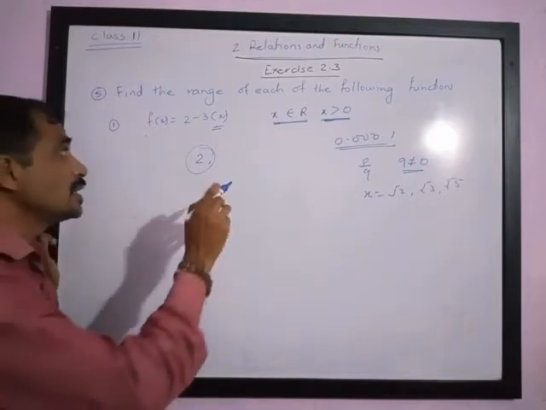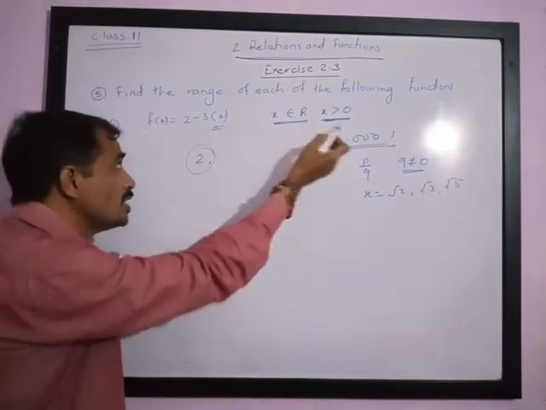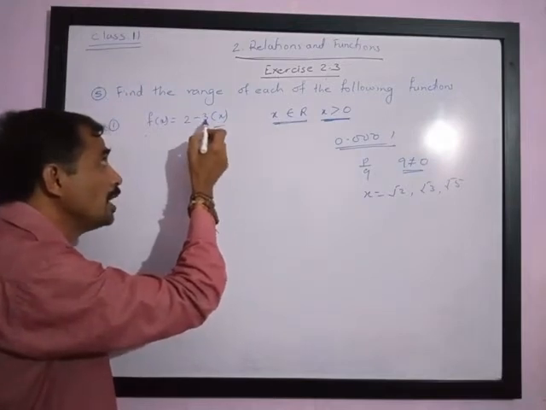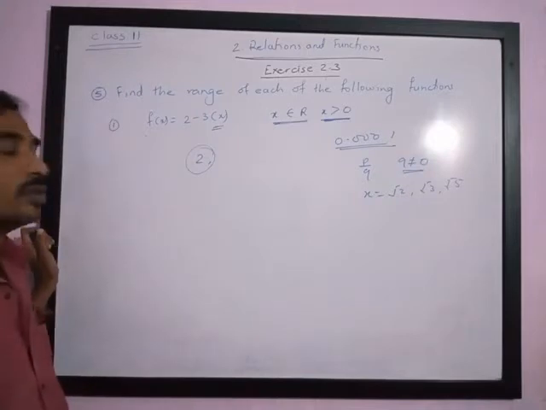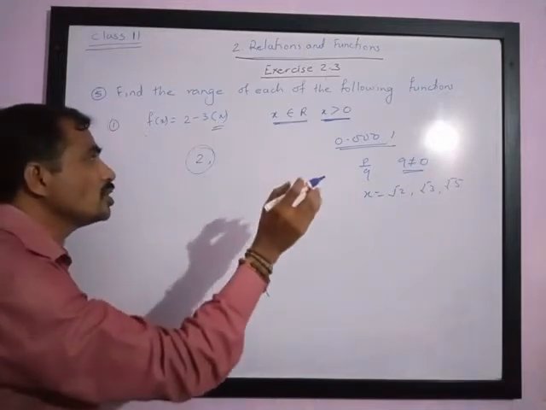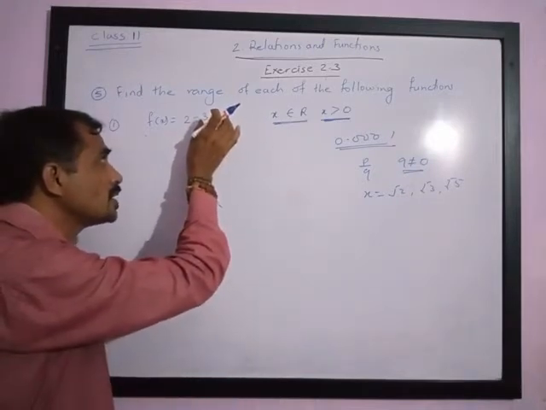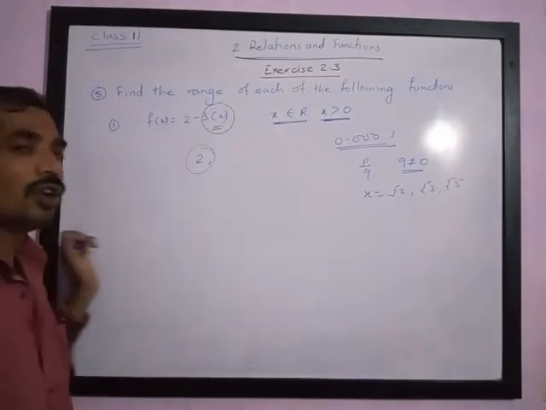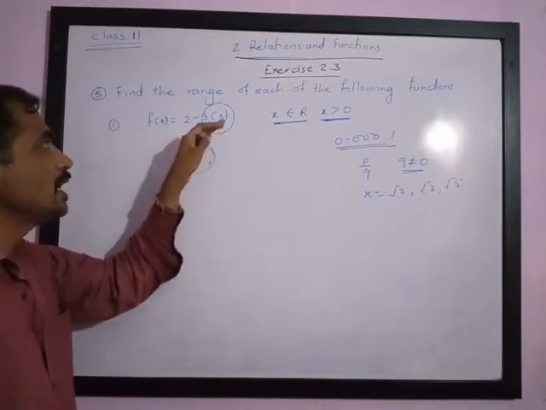We can understand this. If x is greater than 0, this value will be greater than 0. That is, if it is 0.0001, then 3 into 0.0001 will be slightly greater than 0.